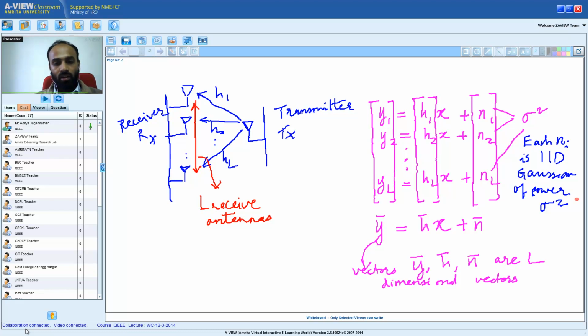We went through this for the two antenna scenario.